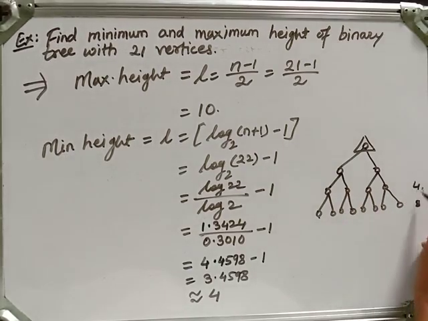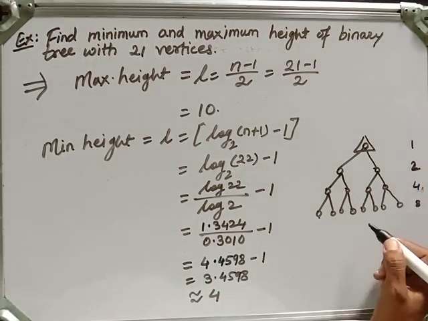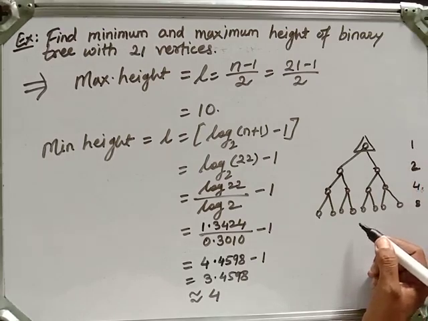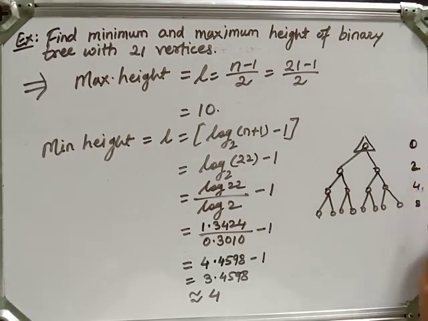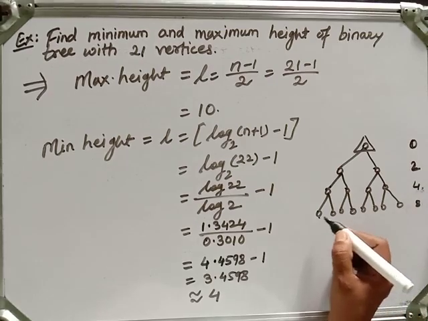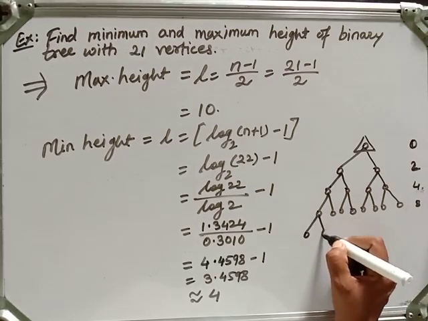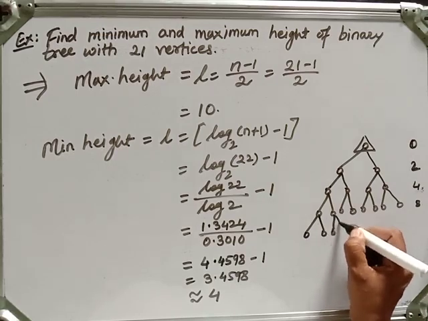8 plus 4, 12 plus 2, 14, 15 and 5. This is 0 level. This one we won't calculate. These are 14 and 6 are left. So at 4th level only 6 vertices are there.